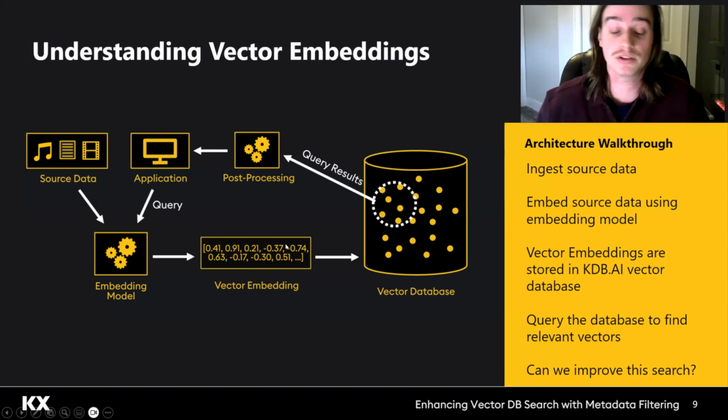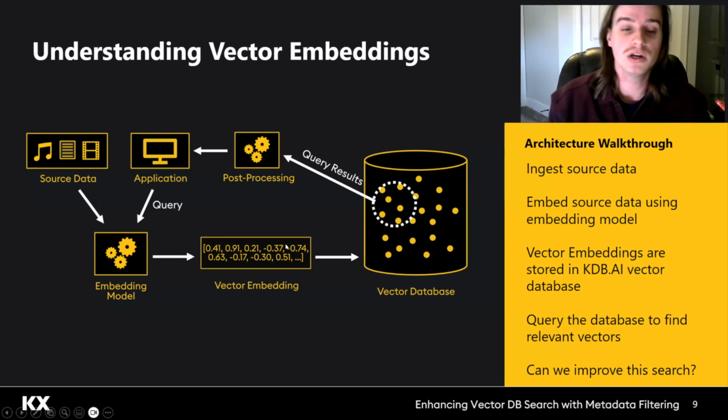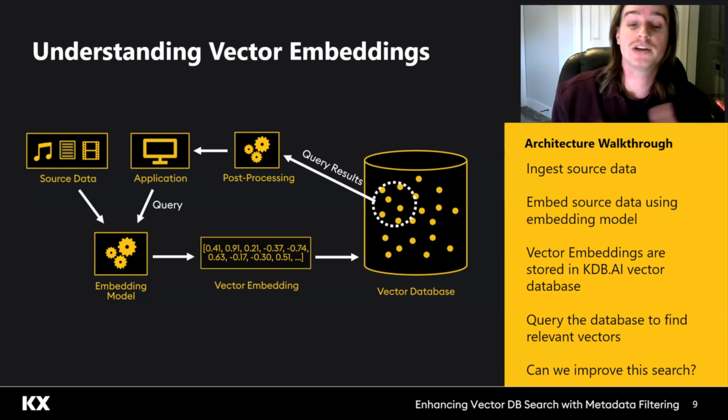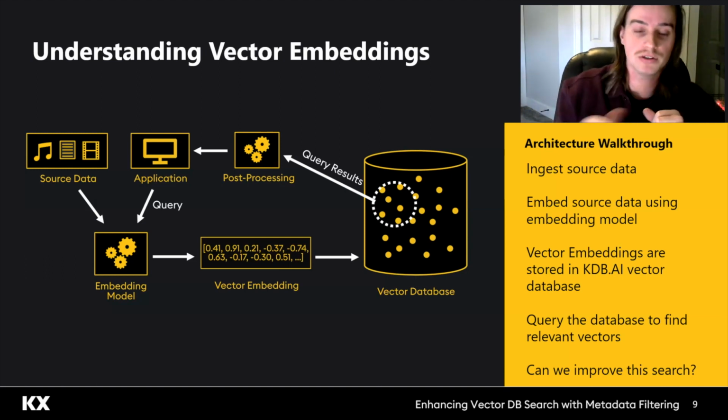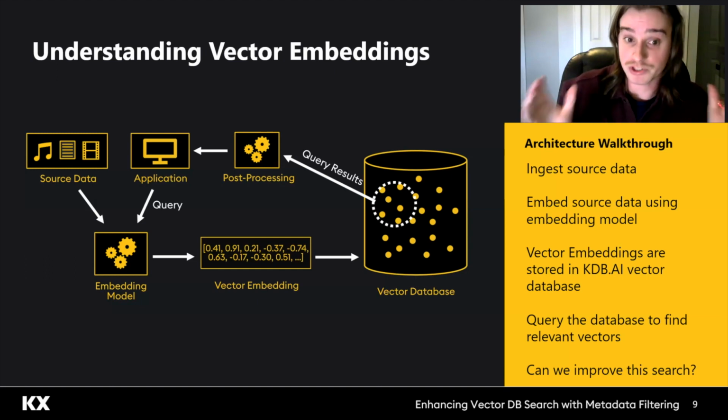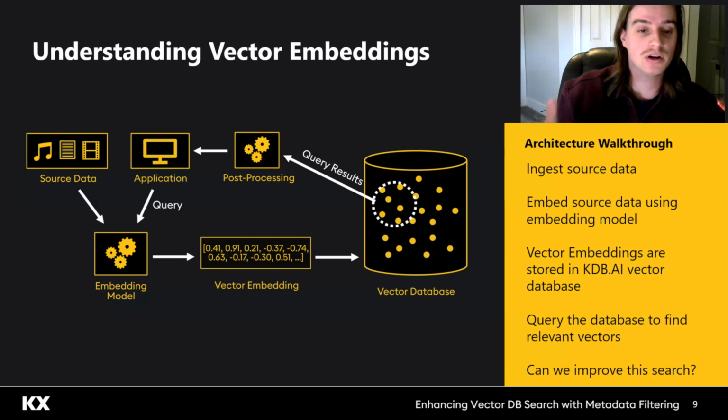If you're looking at text, for example, it's not just keywords that are stored in this vector embedding, but how the words actually relate to one another and are in context to one another. So it holds a lot more semantic meaning than just having a sparse vector of keywords.